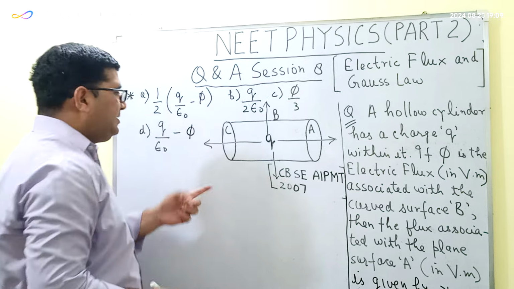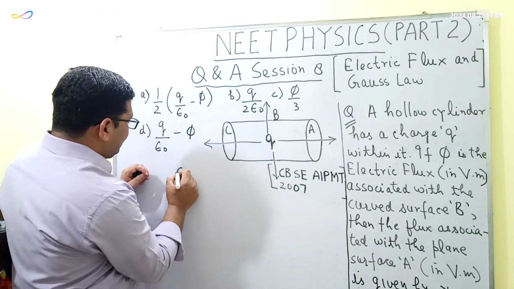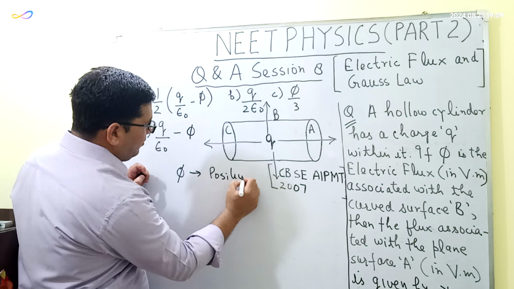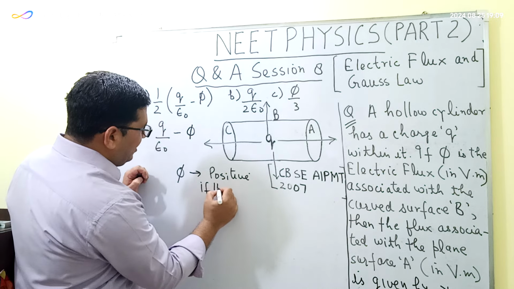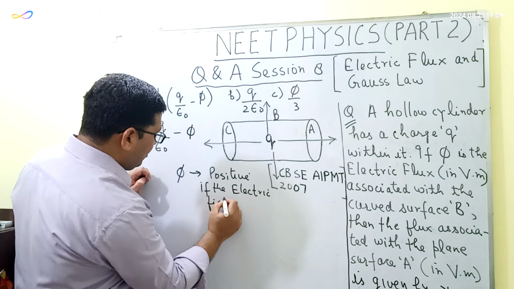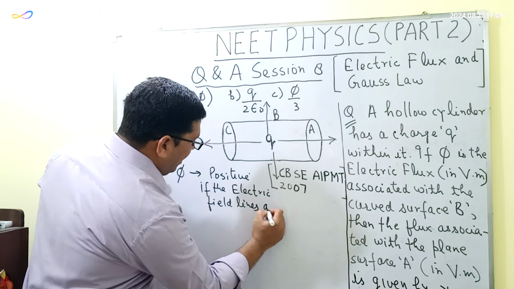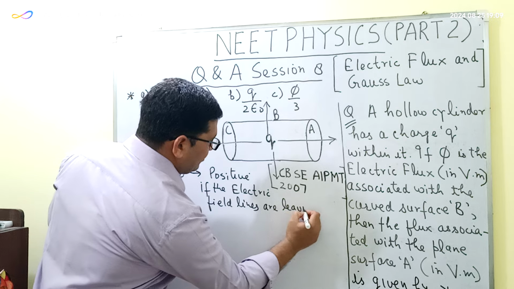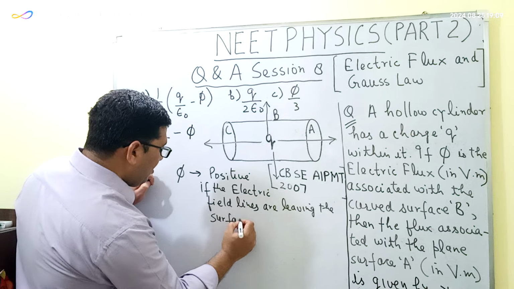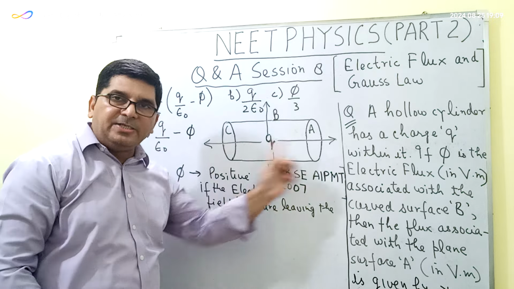The second important thing is that the flux through a closed surface is taken as positive if the electric field lines are leaving the surface, and the flux is taken as negative if the electric field lines are entering a surface.